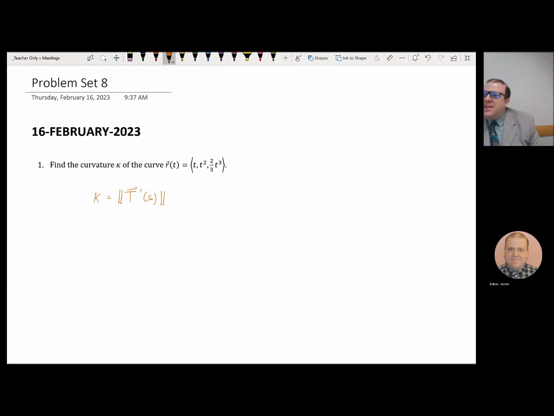And so T is obviously the unit tangent. So T prime is the derivative of the unit tangent. s is the arc length parameter.